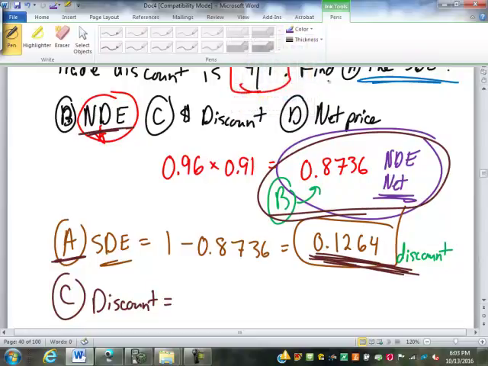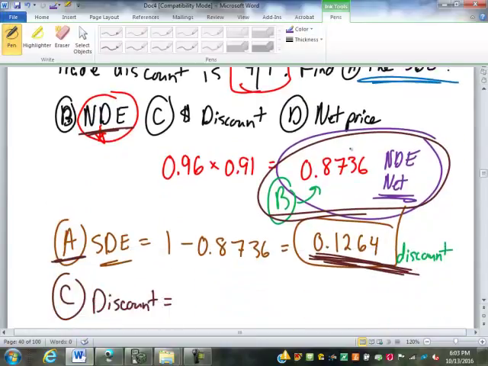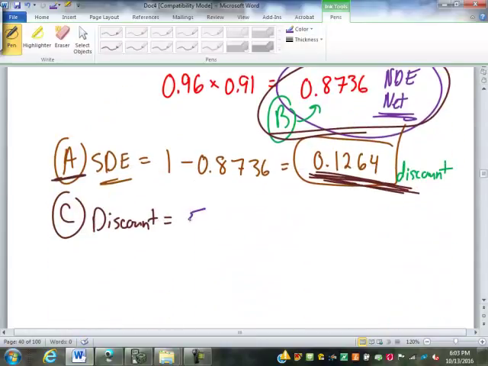It's nap time. So, take our listed price of $5,400. Sorry about that. Times our single decimal equivalent. Yes.